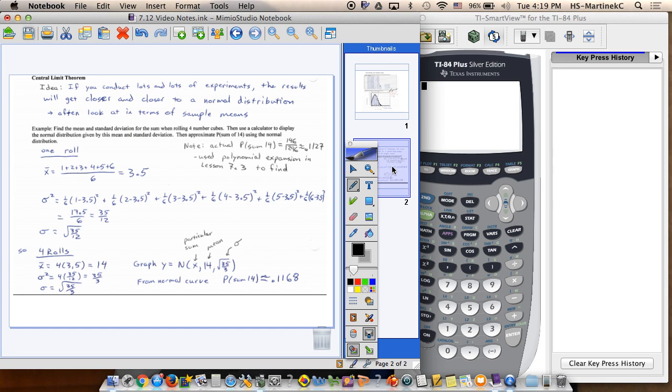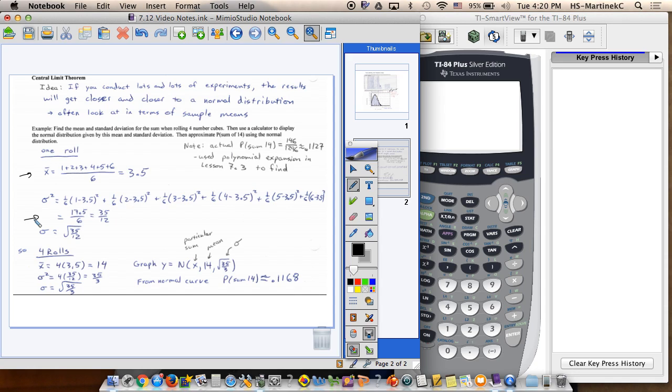So what I wanted to look at with this example is how we get our calculator to show a normal curve, a normal probability distribution function. From a previous lesson, we found the mean for one roll of a die and the variance of rolling a die one time.